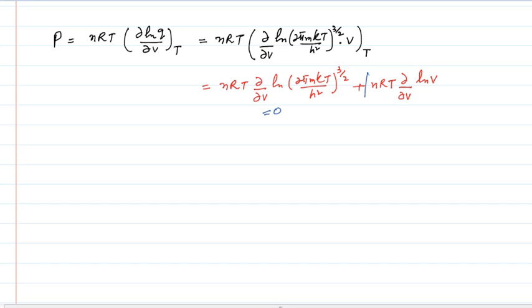So we are left with this term. That means it will be equal to nRT, the differential of ln of V with respect to V. It will be 1 by V.